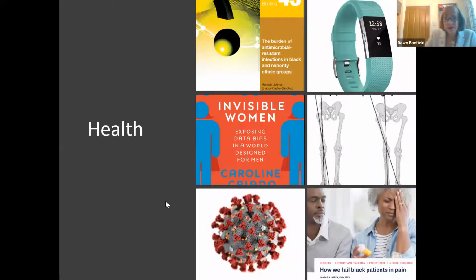On the health side, this book, Invisible Women, is a really interesting book around exposing data bias for women. I don't even need to tell you about the latest COVID-19 biases that we've seen as a result of people living in different circumstances and because of their ethnic background.